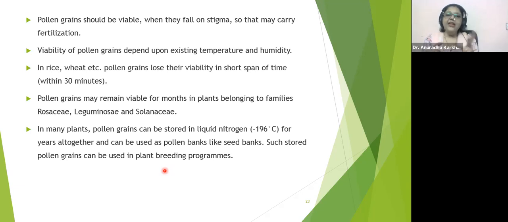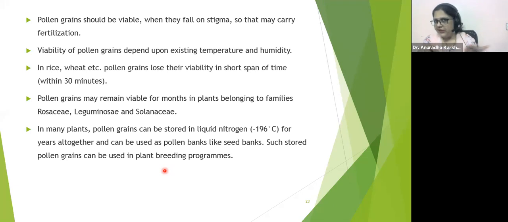Leguminosae, the legume family, all the legumes. What are the legumes? Chana, pea, tuvar, choli, moong, all belong to Leguminosae. And Solanaceae is the potato family. You know what is Solanaceae? Yes, Solanum, Petunia, and Datura. Yeah, it's called the potato family.